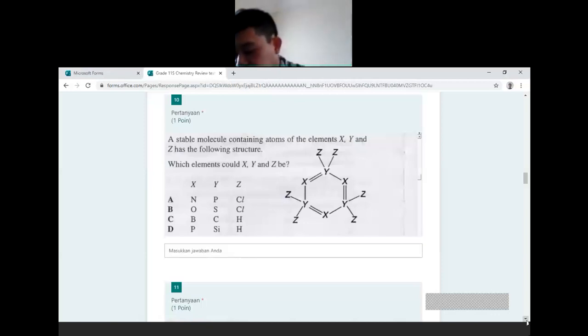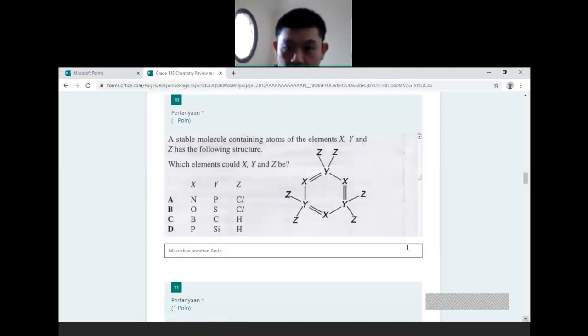And then Y must contain 5 electrons in the outermost shell, because Y makes 1, 2, 3, 4, and 5 electrons in the outermost shell, so it is phosphorus.